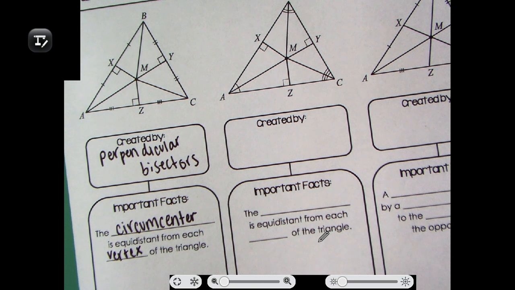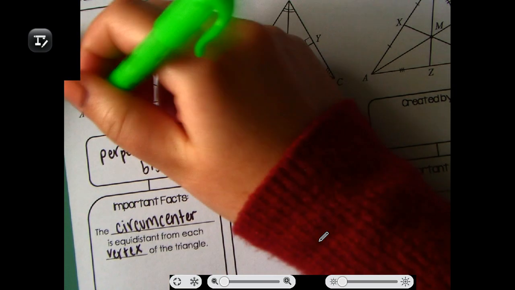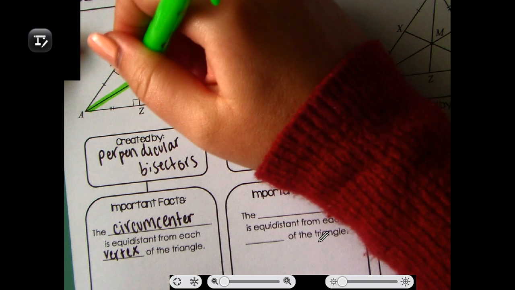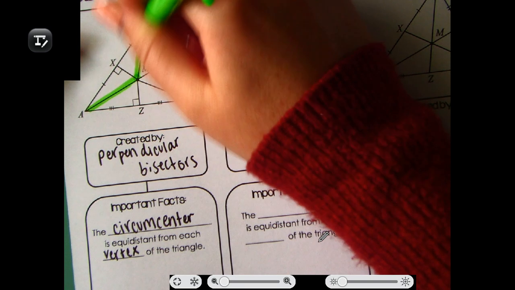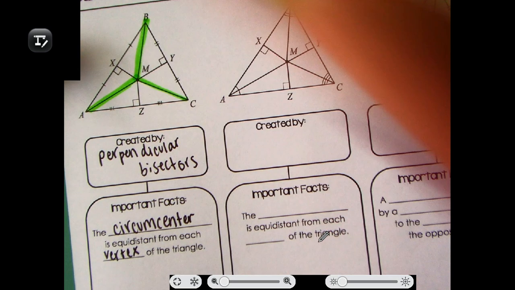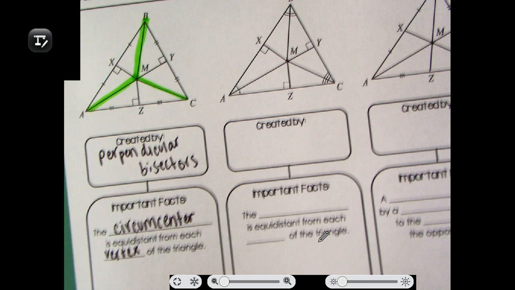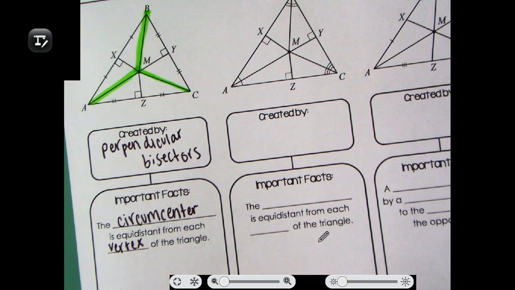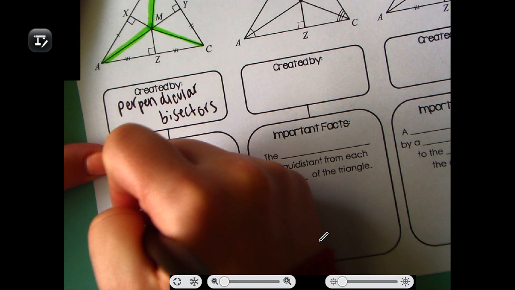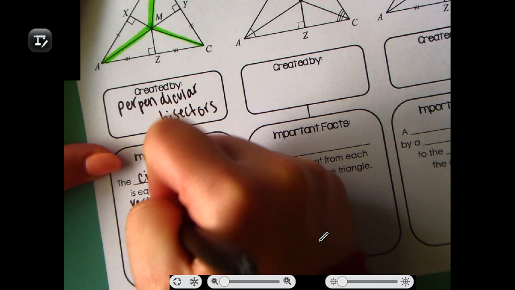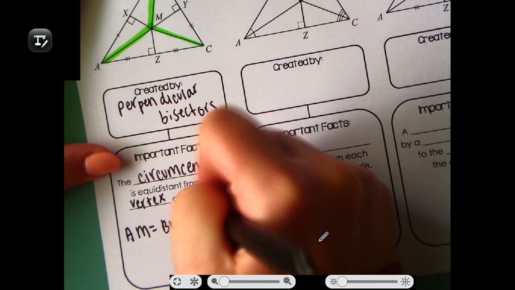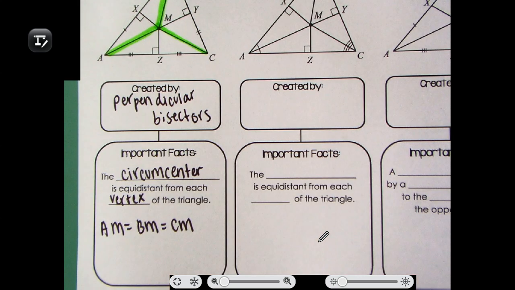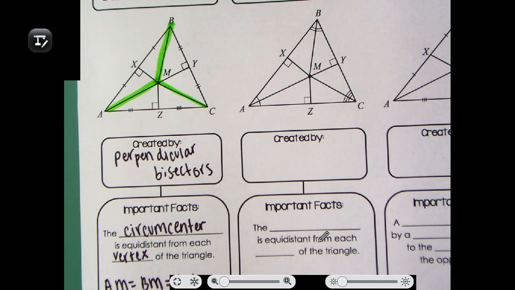The reason that I don't do a tick mark with these is just because we already used tick marks on the sides, so that you don't confuse them. So all of those are congruent. I'm going to write that: AM equals BM. So that's our one fact as well. So that's a circumcenter. It's created by perpendicular bisectors.